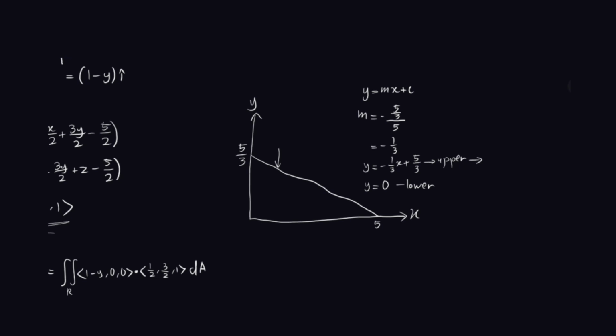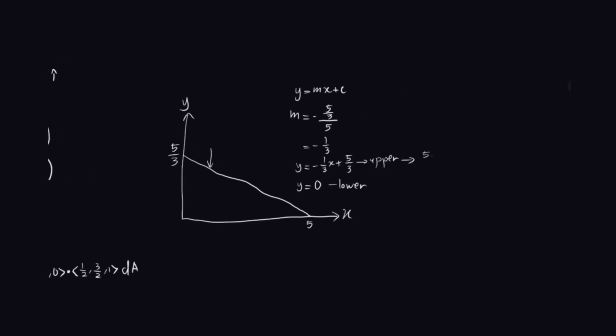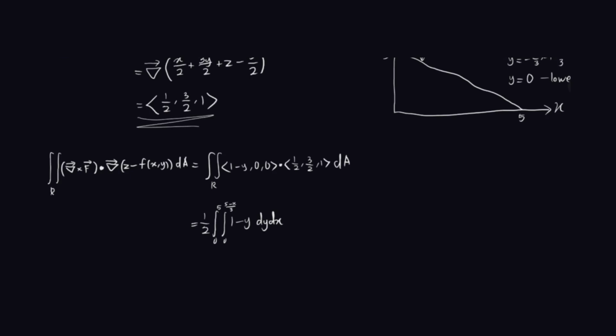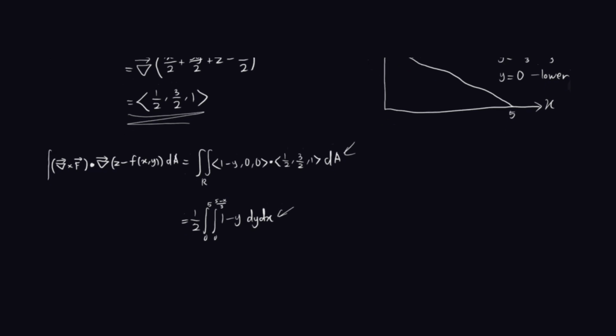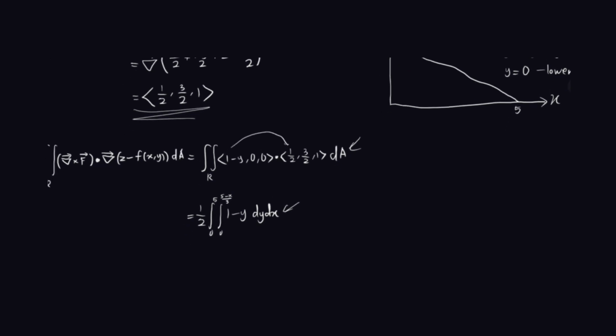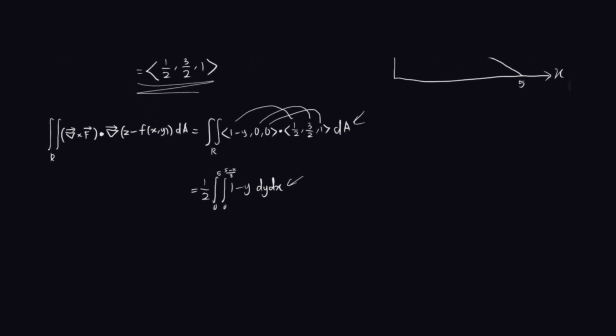And for this one, you can just simplify it into 5 minus x over 3. After you have set the limits, just put it back into this one, and then it becomes like this. For the cross product, you need to do it like this. That's why my 1 over 2 is in front of them.